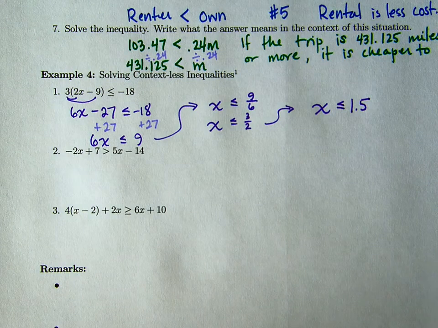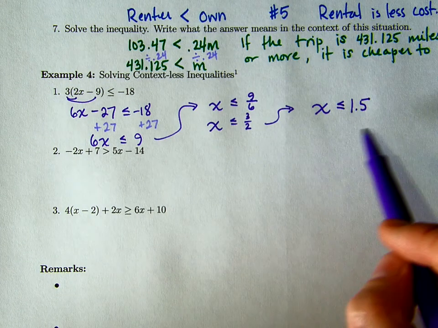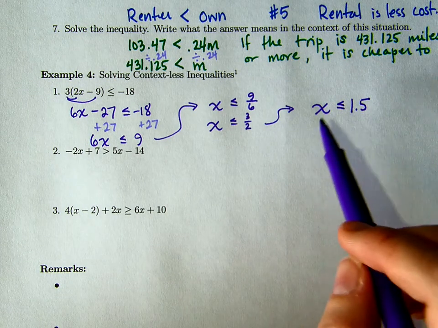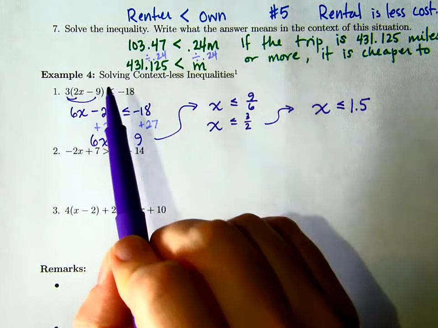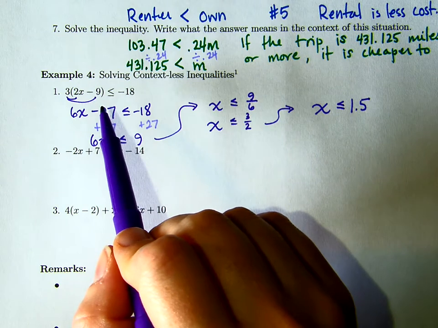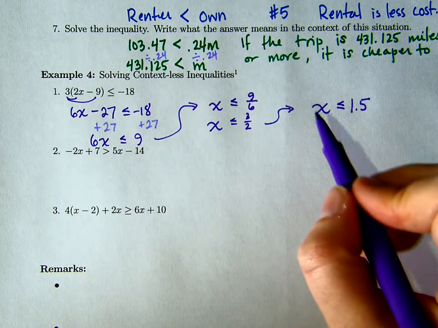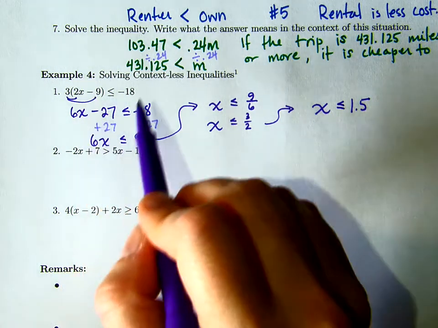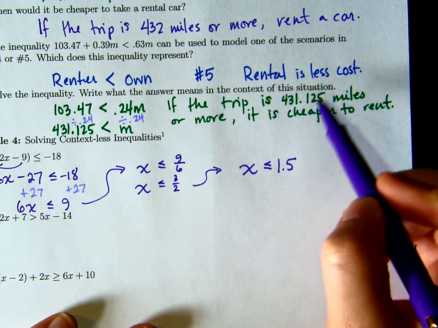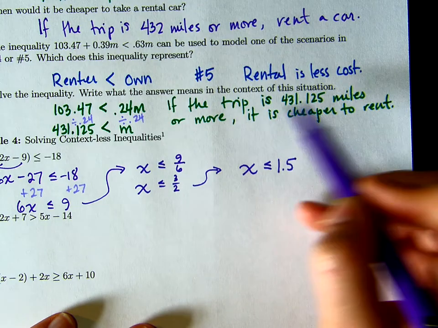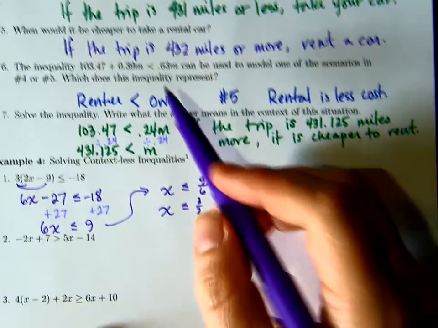So that means if you pick any value for x that is less than or equal to 1.5 and you put it in here, it will be true. So for these values, this will be true. Very similar to the fact that if the road trip was this many miles or more, then it was cheaper to rent.